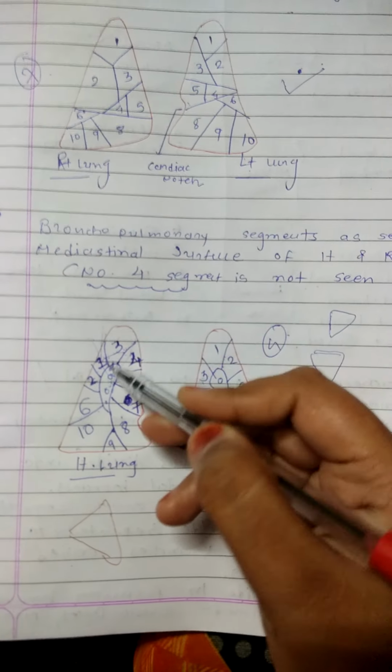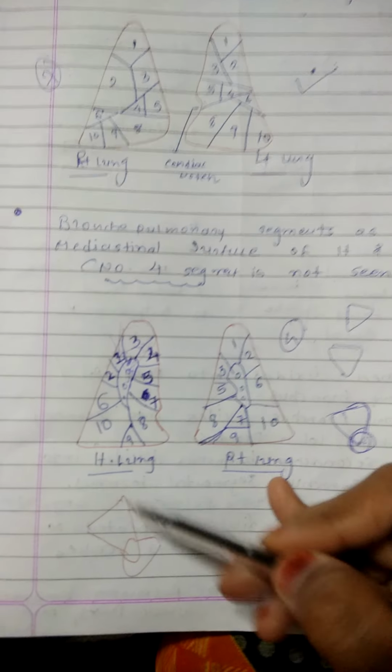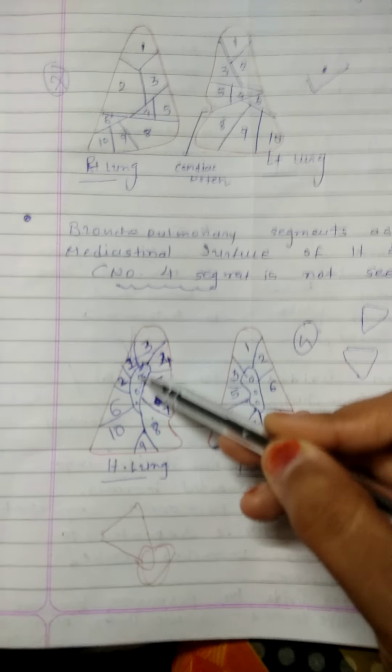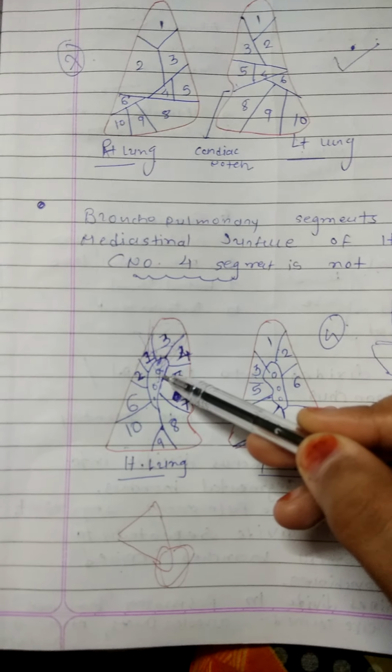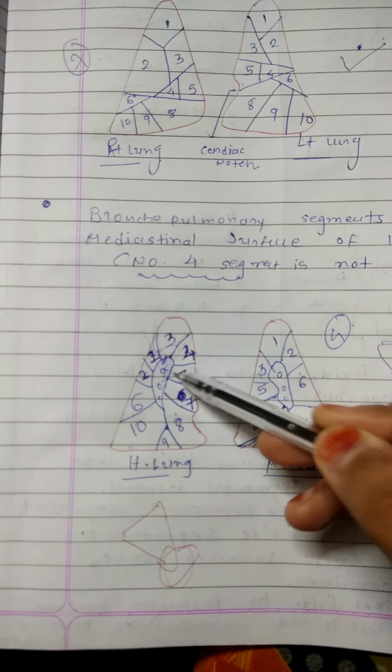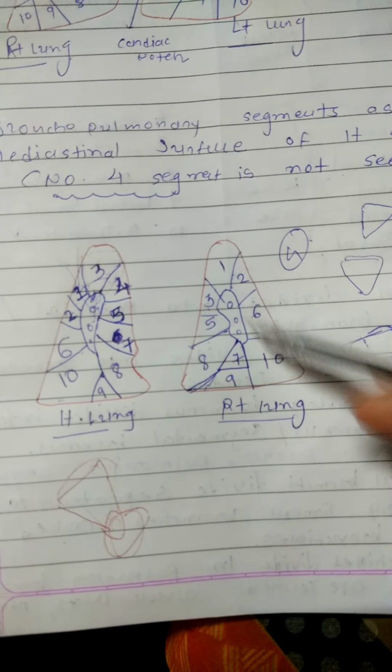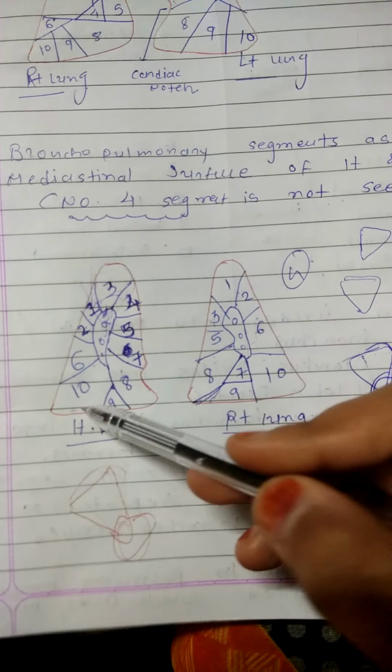Here is the apex of the segment, and this apex lies toward, or is directed towards, the root of the lung. So the sentence is: each segment is pyramidal in shape with its apex directed towards the root of the lung. So the first point is clear.